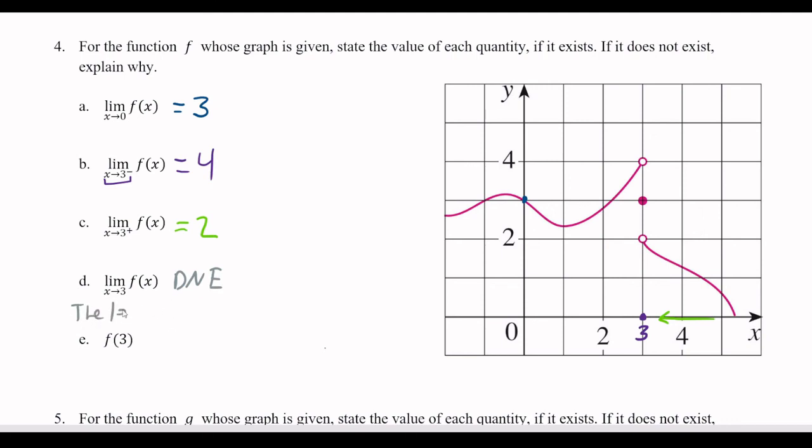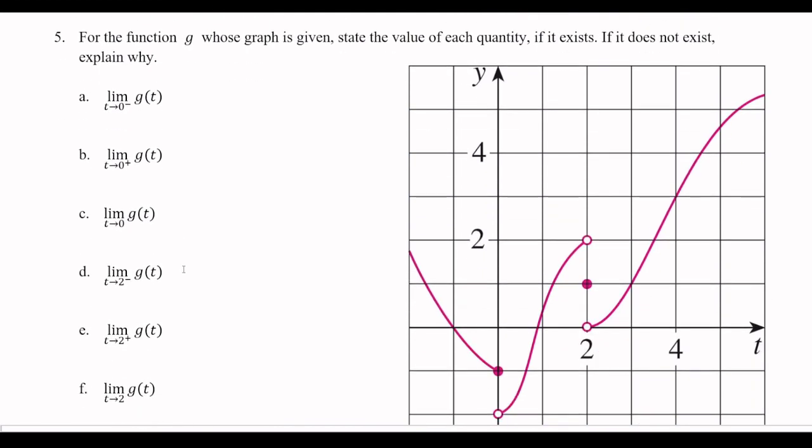The left and right limits do not agree. 2 and 4, not the same. What about f of 3? Well, I go to 3, I look, there's a filled in dot at 3. Nothing too special there.